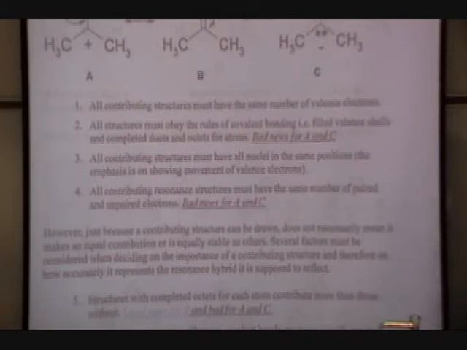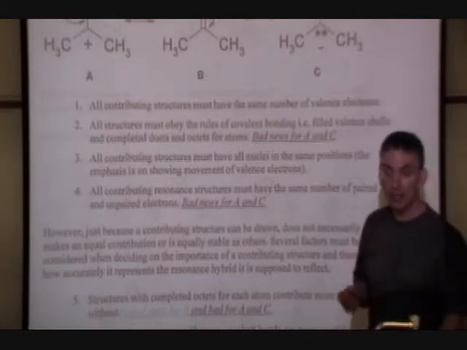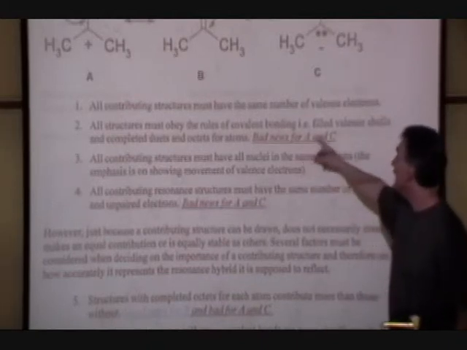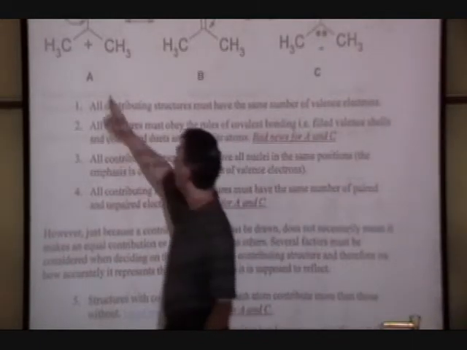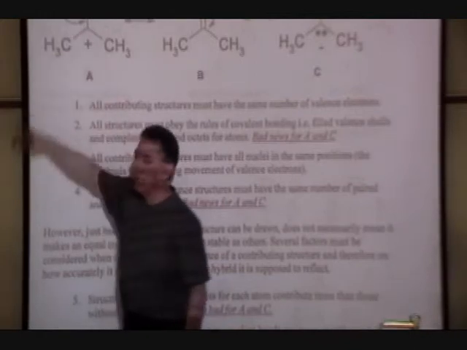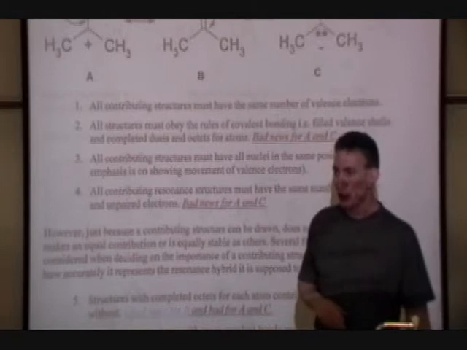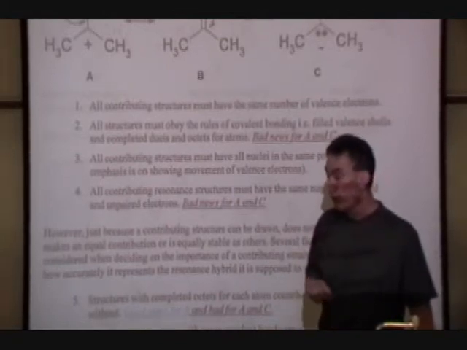All the structures should obey the octet rule. It's very unhealthy for an atom to have an incomplete octet. It makes it unstable. This is certainly bad news for structures A and C as we draw them. In structure A, we're drawing the carbon here at the centre with just 2, 4, 6 electrons around it. Only 3 of the 6 electrons are under its control, making it positively charged and without a complete octet.